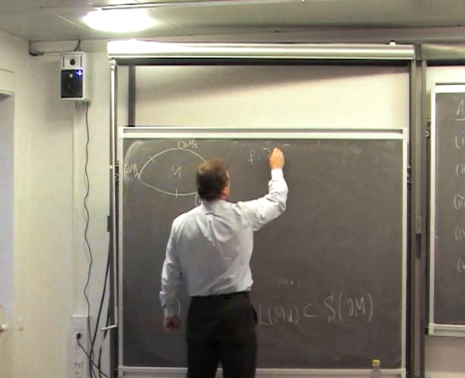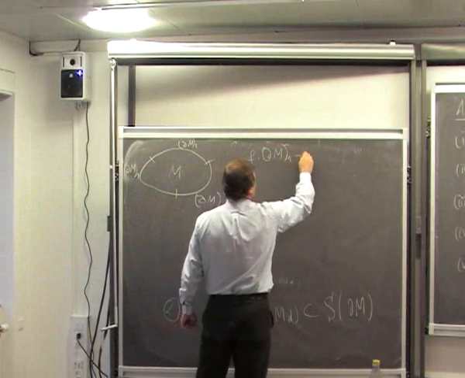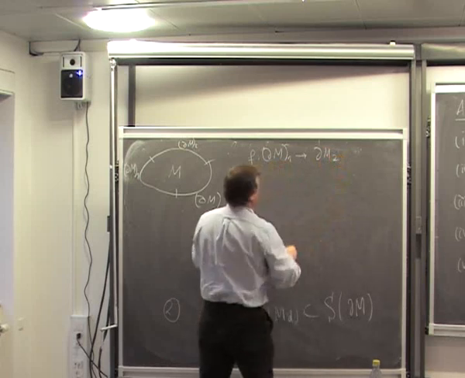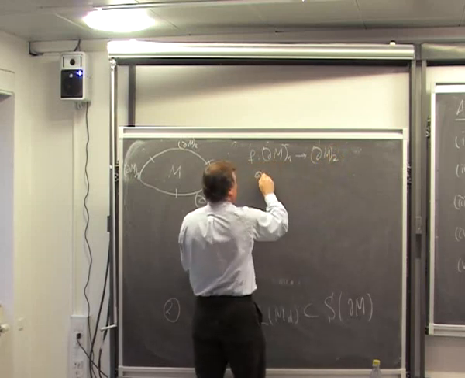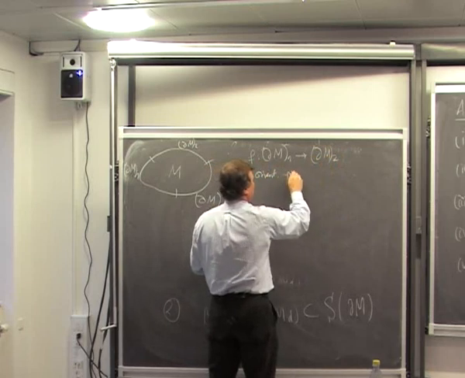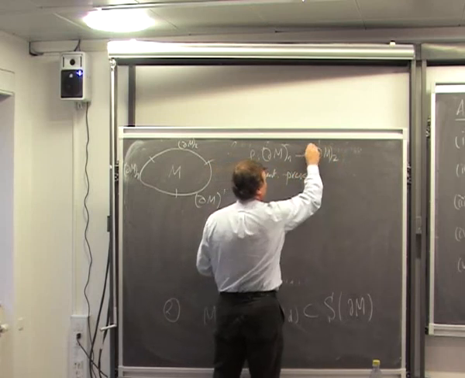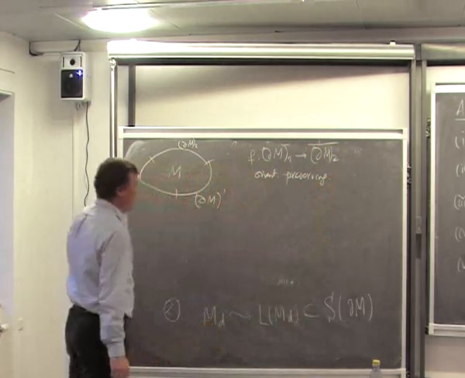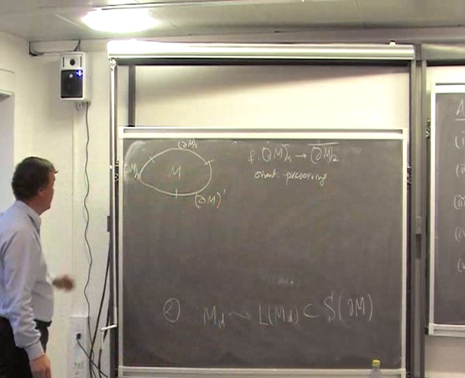And let F be the orientation preserving map from one component of the boundary to the other.